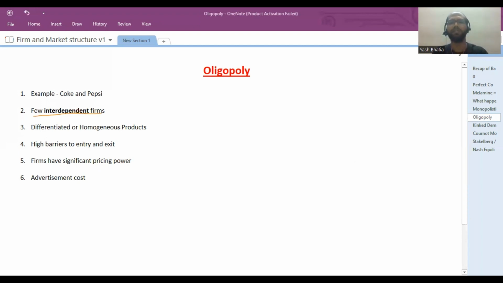That interdependency means that your demand curve is directly impacted by the other competitors in the market, which are also dominant players. For example, if Coke reduces the price of cola today, then it will increase the demand for Coke and decrease the demand for Pepsi. So your demand curve is directly impacted by the changes in price of your competitors, right?